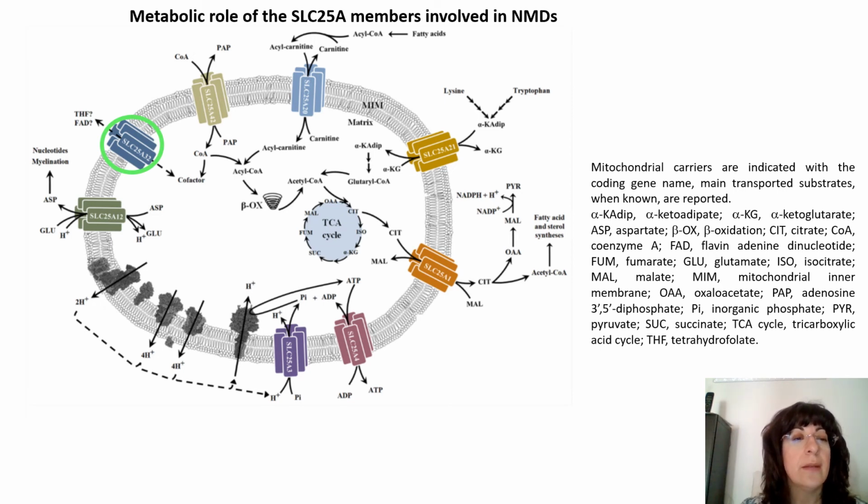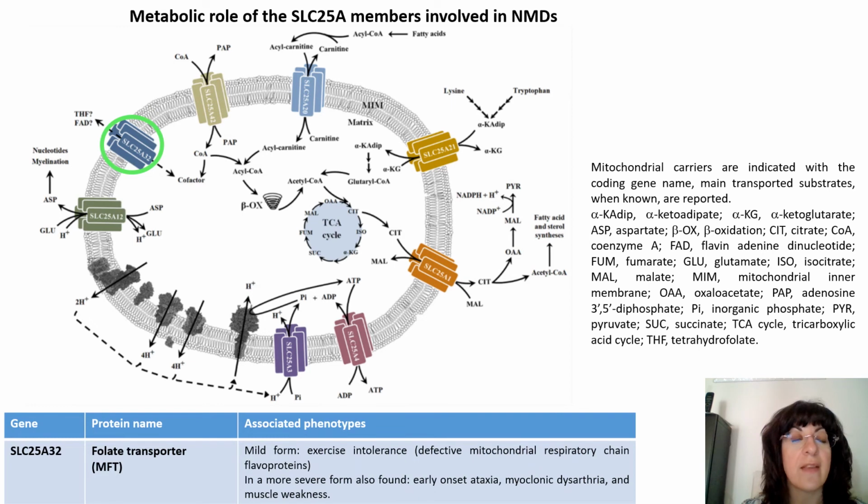Here is the folate transporter, which is believed to transport flavin adenine dinucleotide and folate across the inner mitochondrial membrane towards the mitochondrial matrix. So its role is essential in the regulation of one-carbon metabolism and also in redox balance.